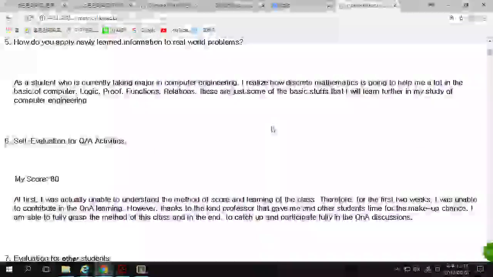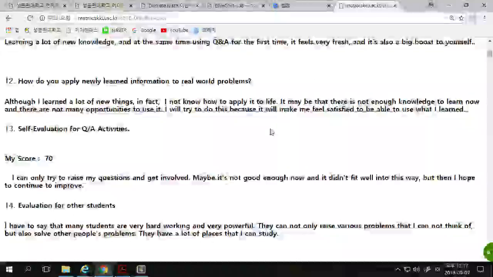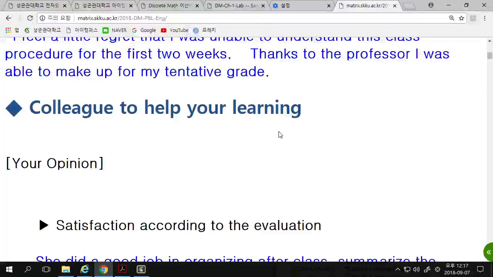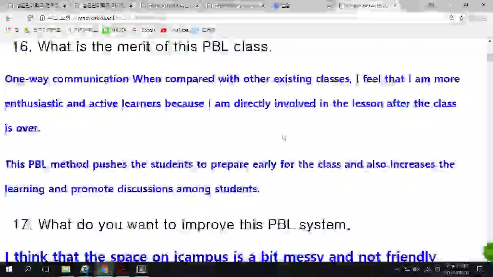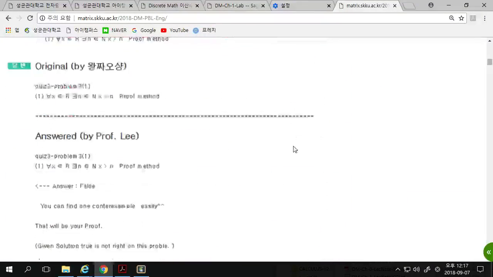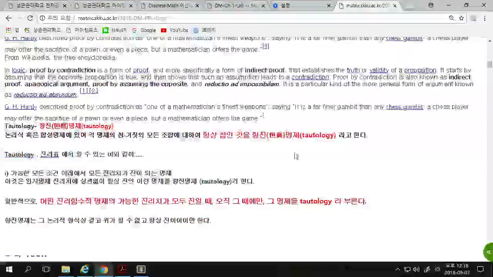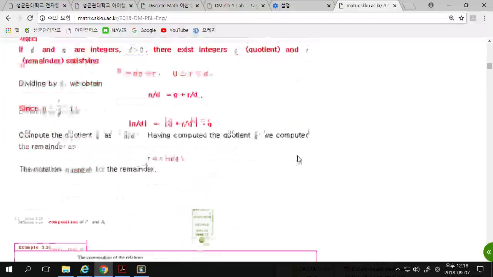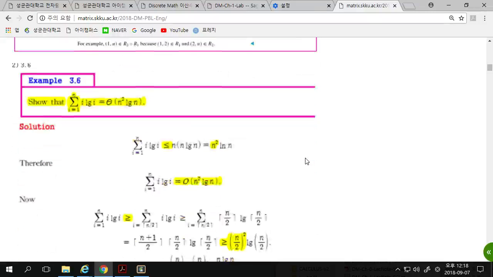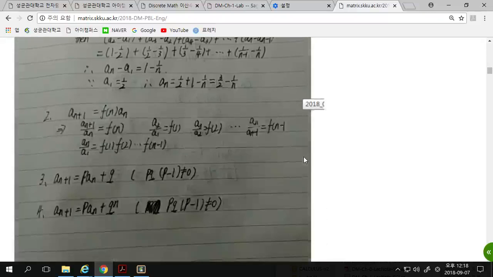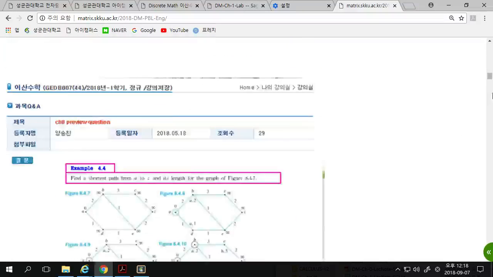You can take a look at how you're supposed to go through this lecture together, and then you will also have a chance to give a presentation of those problems and solutions and other questions and answers that you shared.